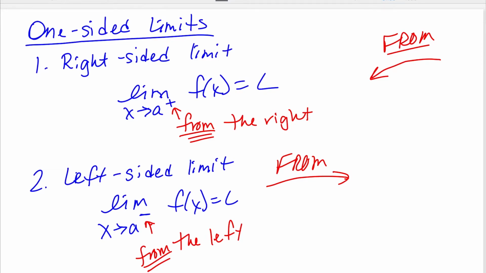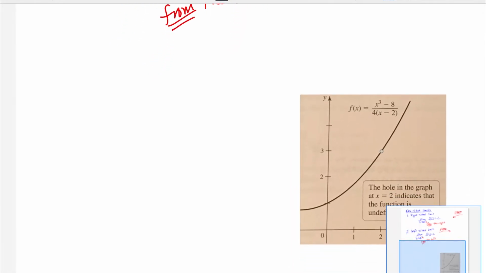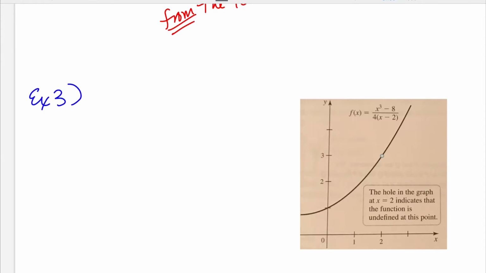All right? Okay, check this out. So we kind of did that already, but look at what's happening here. Here's example 3. I have this function is equal to x cubed minus 8 over 4 times x minus 2.